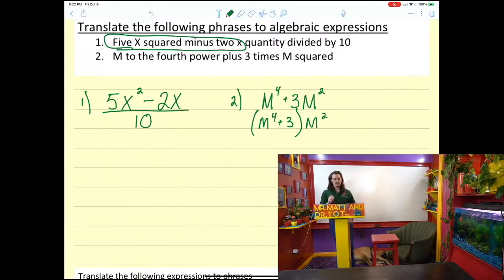I'm going to give you 5 minutes for this one. I'd like you to translate the following expressions into English phrases.